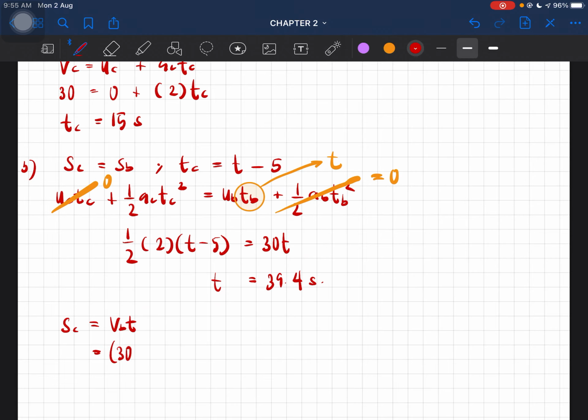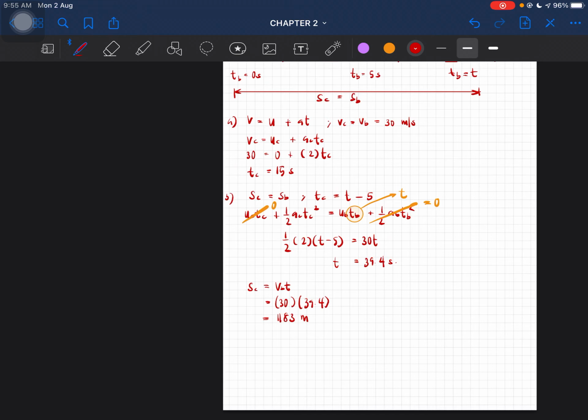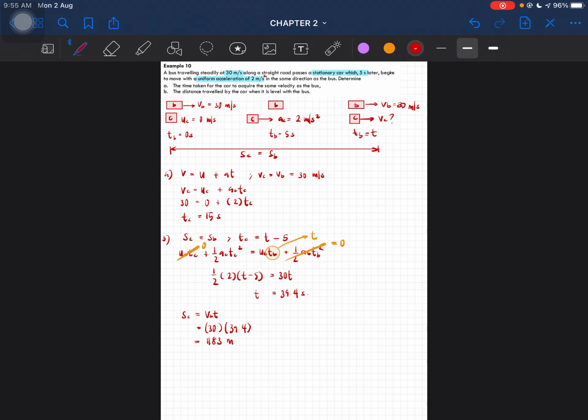Okay, so we can use 30 times 39.4. So we'll then get 1183 meter. Okay, so that is how you find the distance traveled by the car when it is level with the bus. Right, so that is example 10.